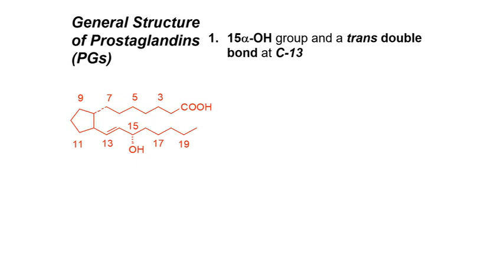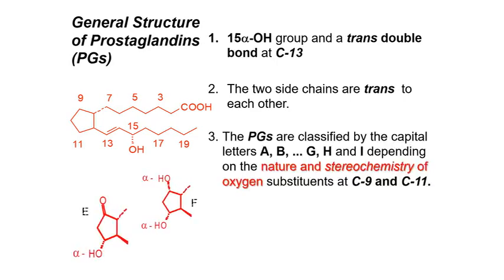Between positions 13 and 14, we are going to find a double bond that is trans in its geometrical isomerism. The two side chains around the cyclopentane ring also demonstrate a trans configuration.